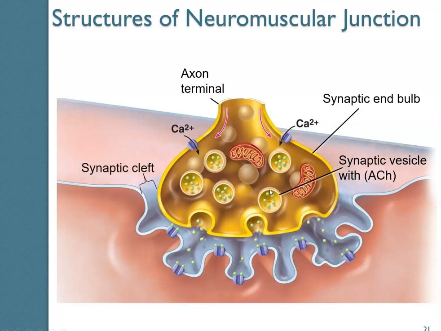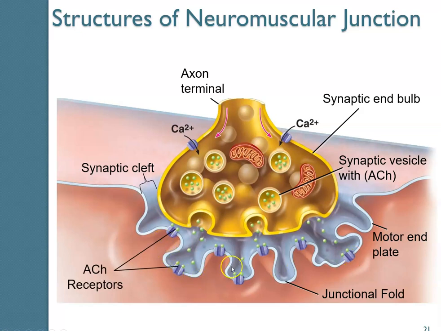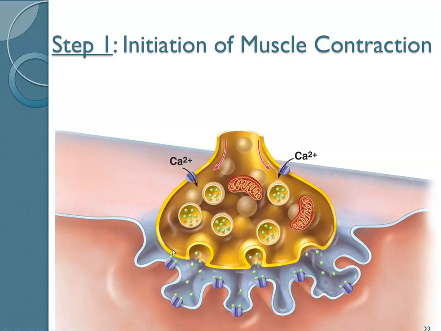Okay, and then there's a space between this axon terminal and the muscle part, which is called the motor end plate. And this motor end plate has folds, so they're called junctional folds, and that's where we will find receptors to this acetylcholine.